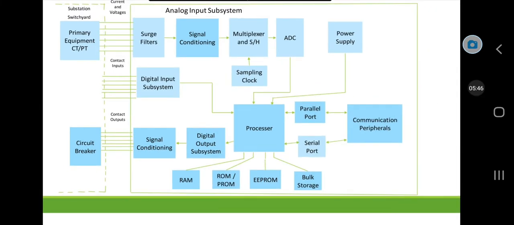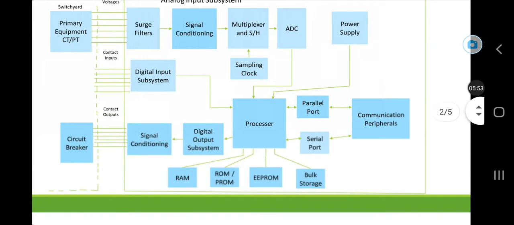Read only memory stores the program permanently, and the read only memory is used for storing the relay logic and the monitor program required for interaction between the user or operator and the relay.